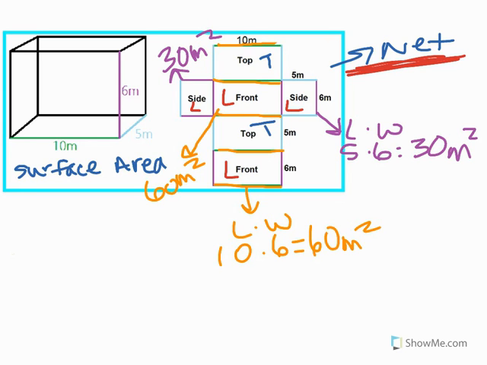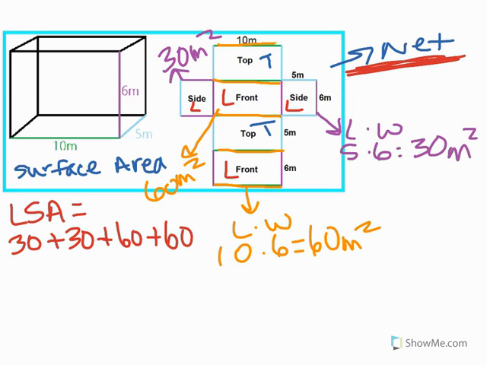So if I want to get the answer for my lateral, I just need to add it all together. So my lateral surface area equals 30 plus 30 plus 60 plus 60.